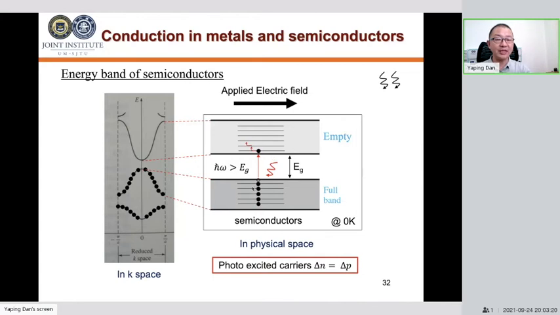So once they receive this energy, they will go higher, and this gap is equal to the photon energy, right?